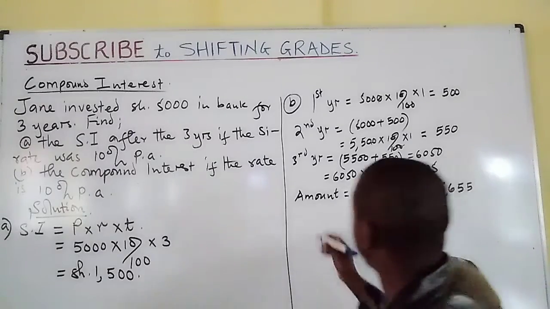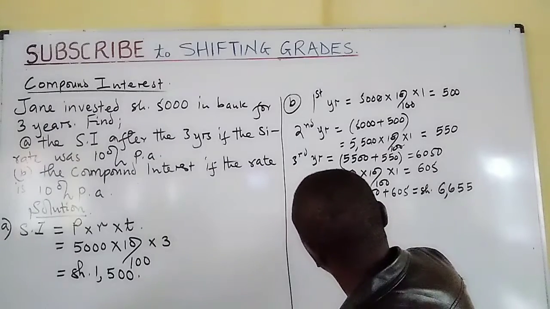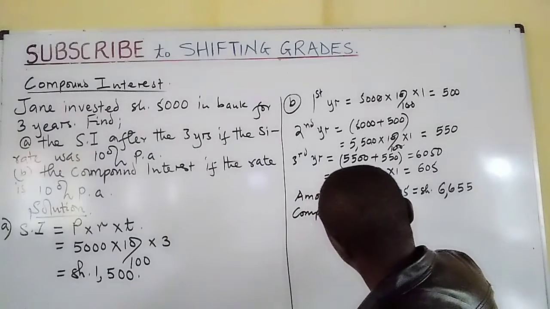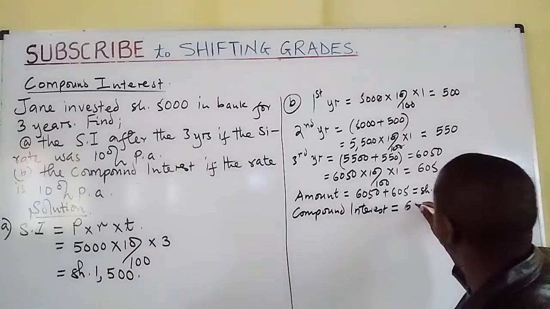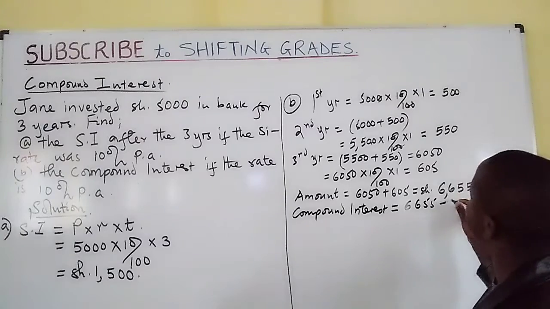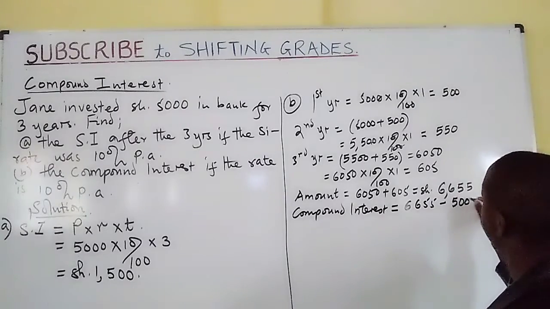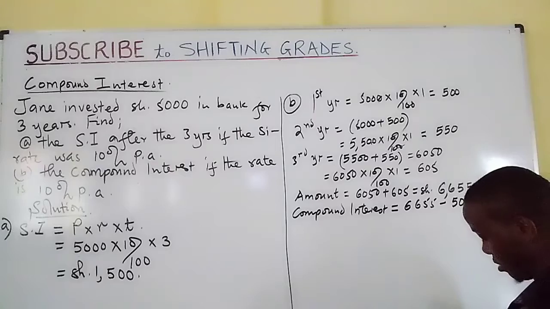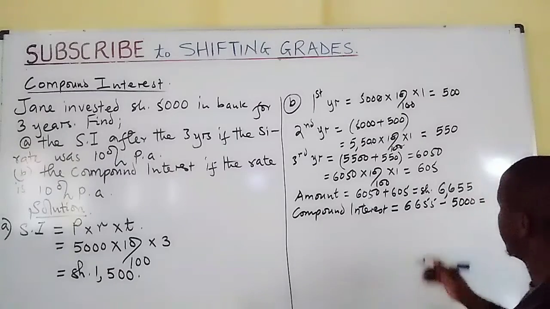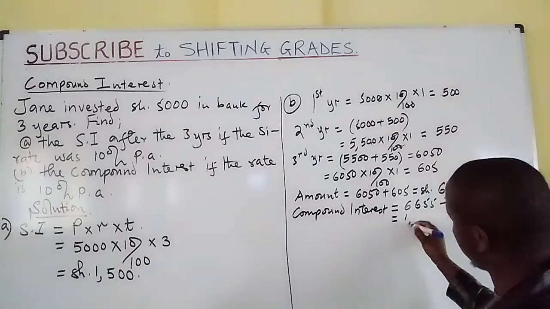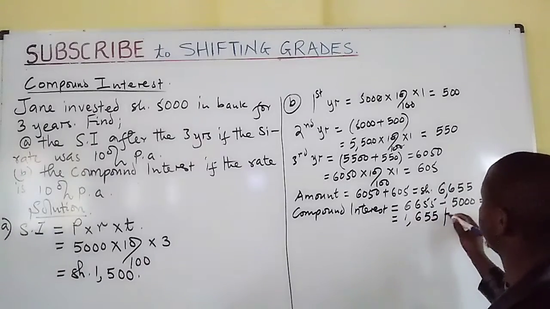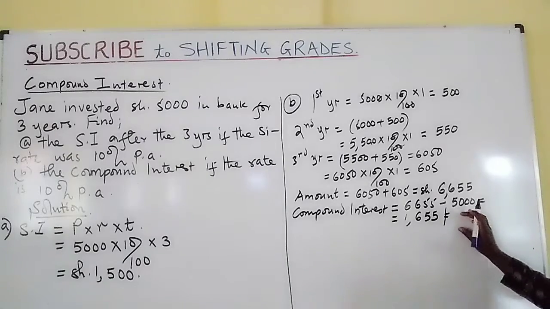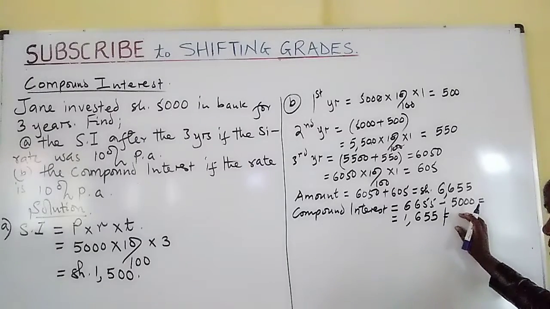So compound interest will be now this total amount minus what she deposited initially, 5,000. And you find the interest which has been gained is 1,655 Kenya shillings. So, this is the amount which will have been earned for the 3 years.